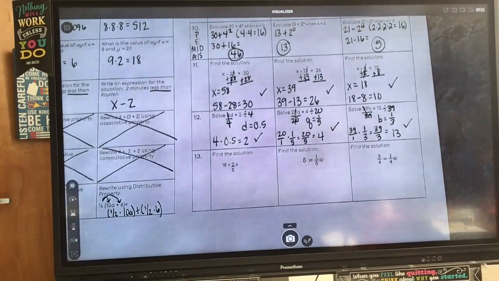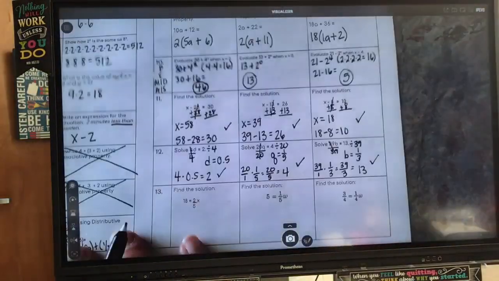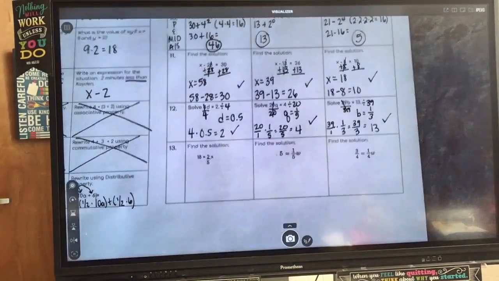The process, and I had to get into second period a little bit about this. What do we always do first when we're solving for equations? Let me rephrase that. What do I always model for you guys first? What do I always model first? No. The opposite operation. And the reason I always model that, especially when you get to the last 3 problems on this paper, next year you go into 2-step equations.